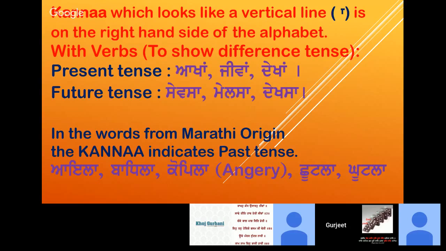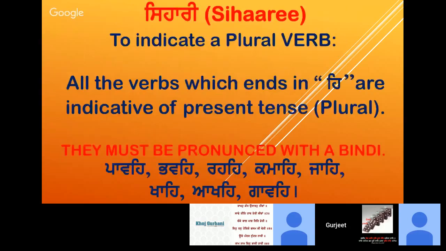Bandala, this is mostly from one of his shabad. Kopila, Chutala, Kutala. All these are past tense. जैसे गाय का बच्चा छूटला, थन चोखता माखन कूटला. He's explaining a past action. These words are from Marathi, but they are in the past tense.